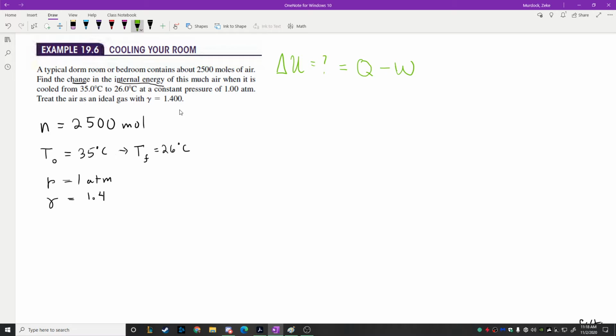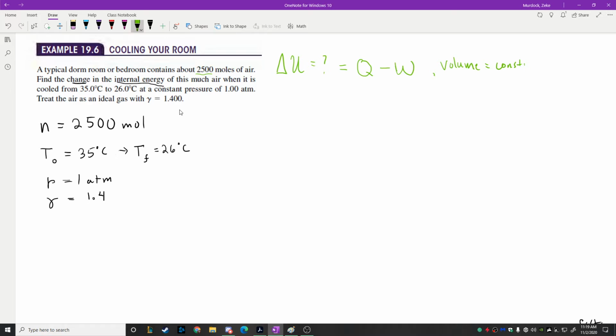Since they're giving us some amount of air, we have to assume that amount of air is not going to change significantly through airflow in or out of the room. So if the volume is constant, then one of these two quantities is zero. Which one is zero if the volume is constant?